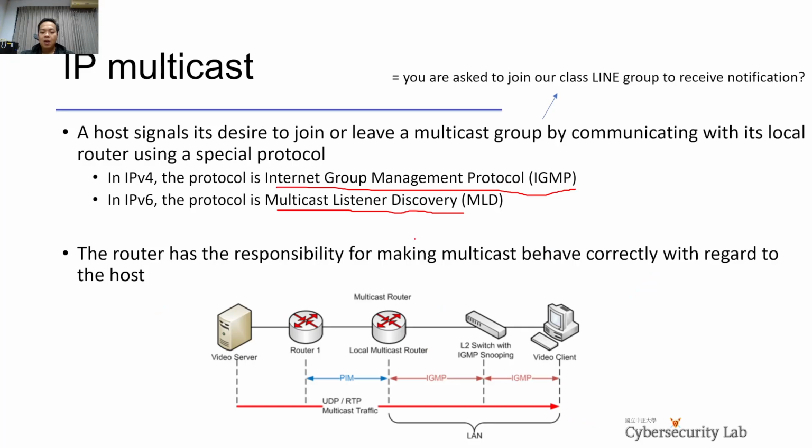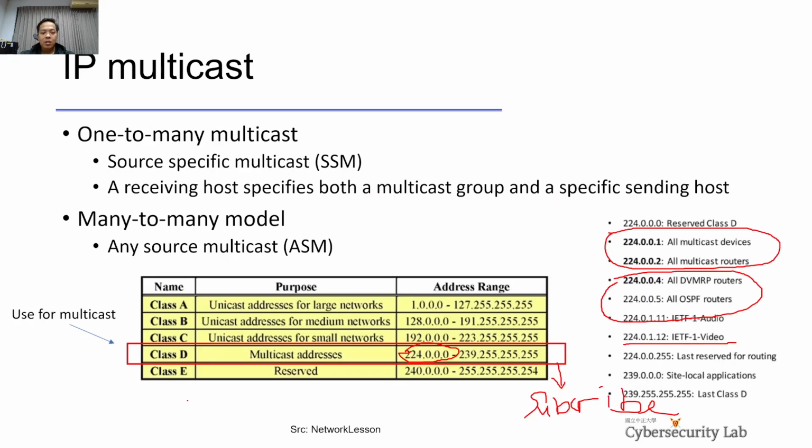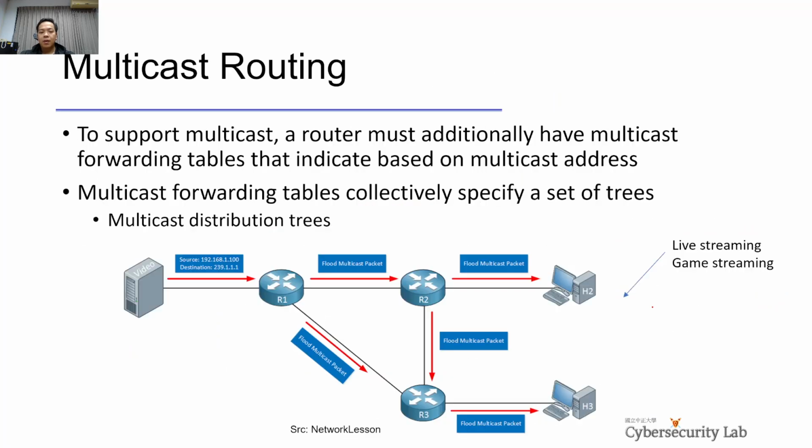Similarly, if the router has a class D IP, like this address, that means every OSPF router can receive that kind of message. The others cannot. Yeah.